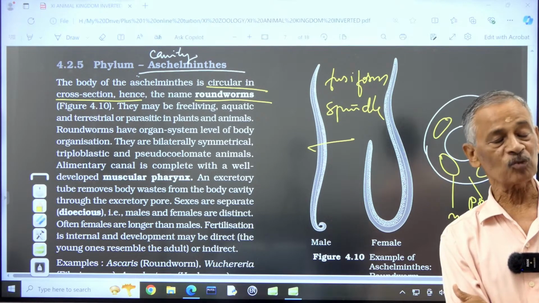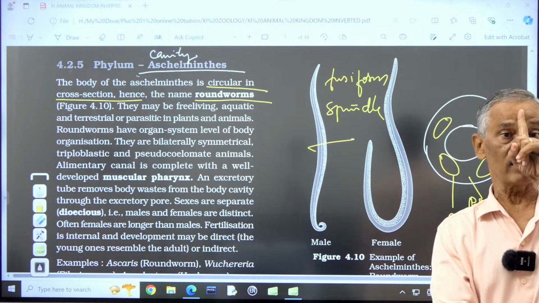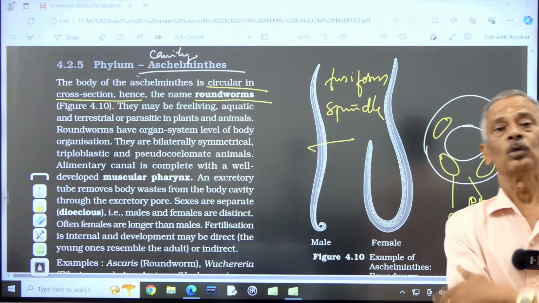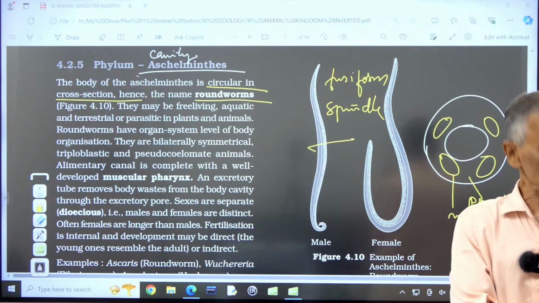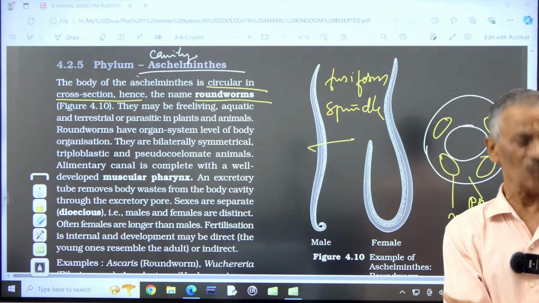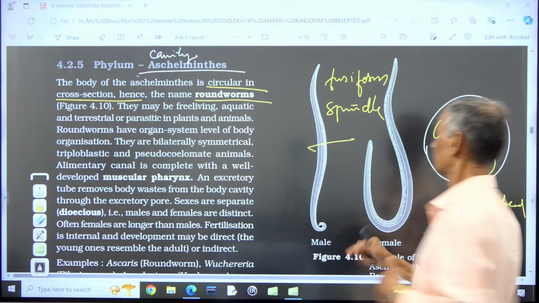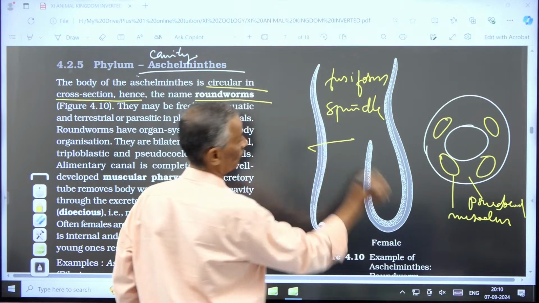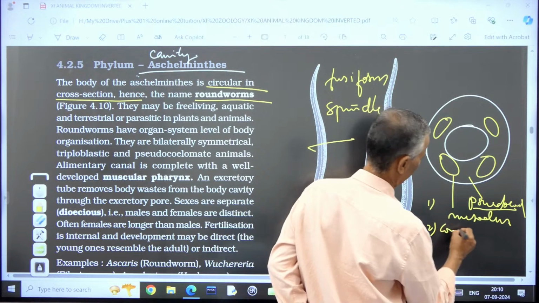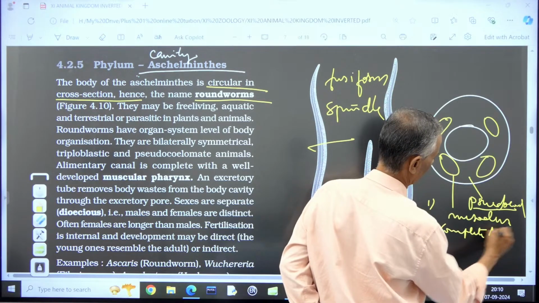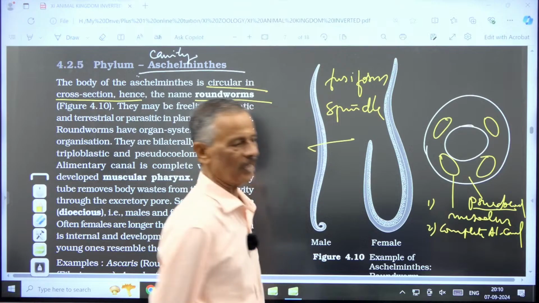There are a number of special features for Aschelminths. One, they are all having pseudocoel. They are having a complete alimentary canal. All of them are having alimentary canal and it is complete. So only one which is having pseudocoel. 2. Complete alimentary canal, meaning alimentary canal is with both mouth and anus.